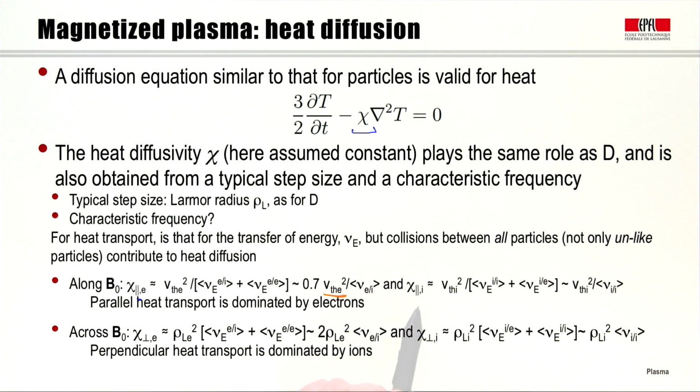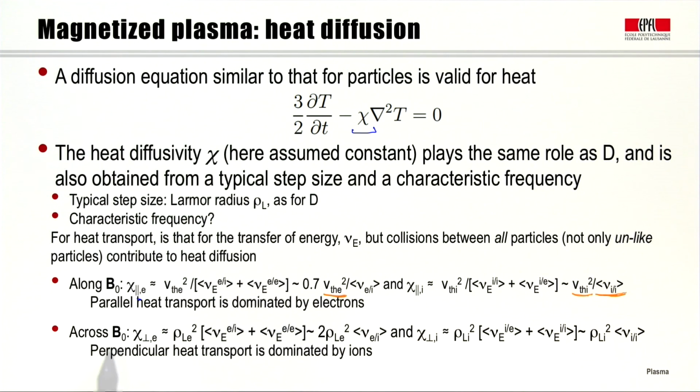For the ions, it will be something very similar, except of course that there will be the collision frequency between ions and the ion thermal speed squared. We can notice, simply looking at these two expressions, that the parallel heat transport will be dominated by electrons. In other words, electrons will contribute to the transport of heat along the magnetic field in a much larger proportion, because of the much larger value of the thermal speed, for similar temperatures, than that of the ions.